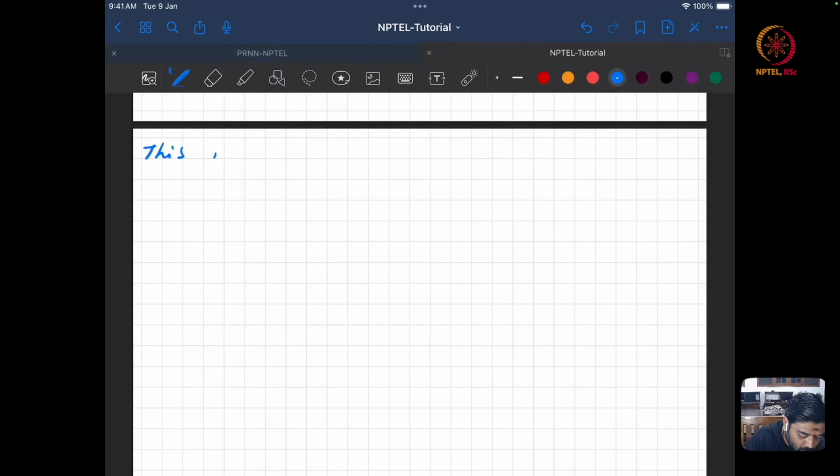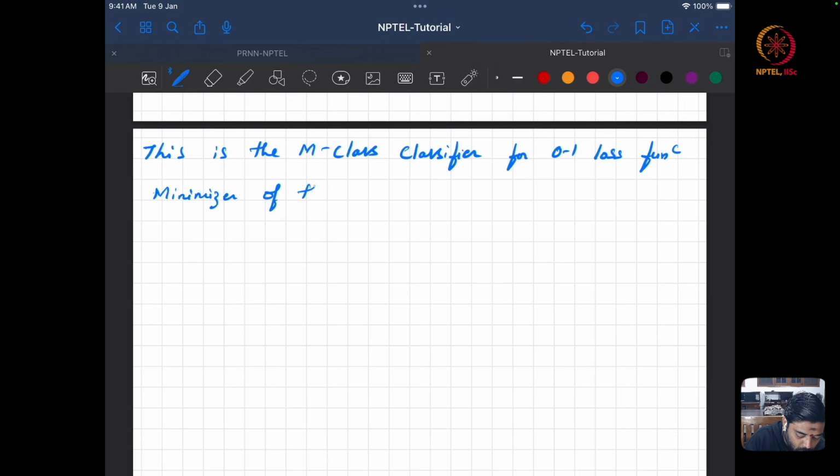So now this is the M class classifier for the 0, 1 loss function. This is the minimizer of the probability of misclassification.